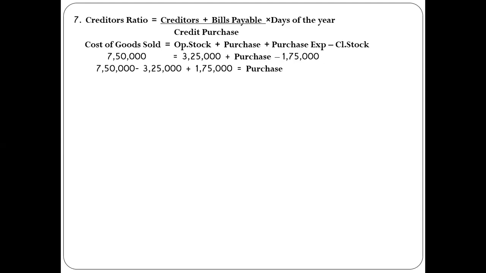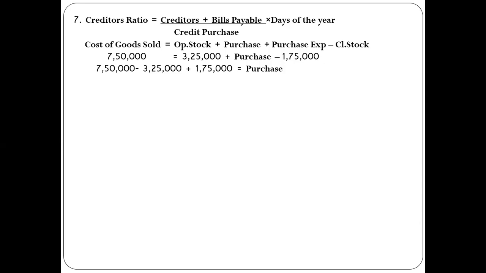So what we have done, we have shifted the amount from the right side to the left side, and we all know that if we shift the amount from the right side to left side or left side to right side, the sign will be changed. Means if there is addition, then it will be subtraction, and if there is a minus, it will become plus.